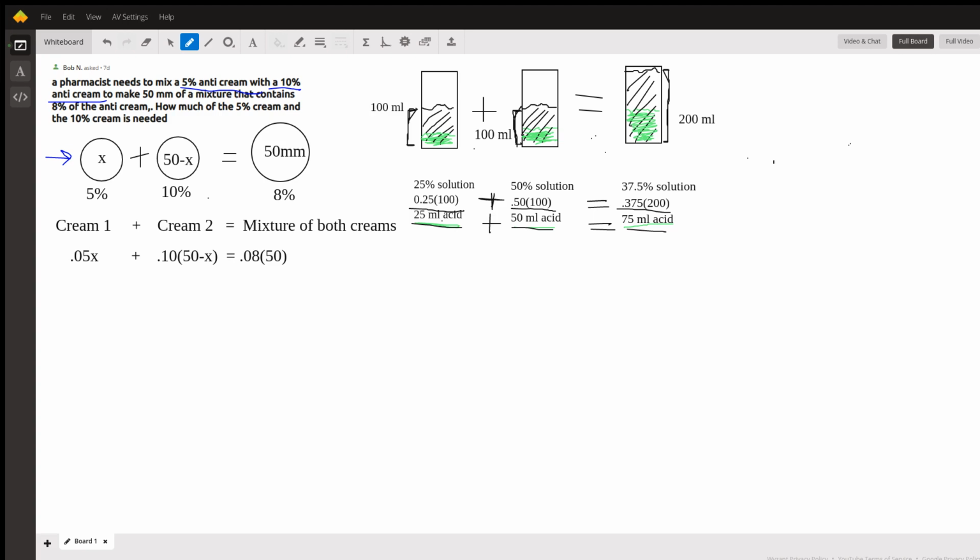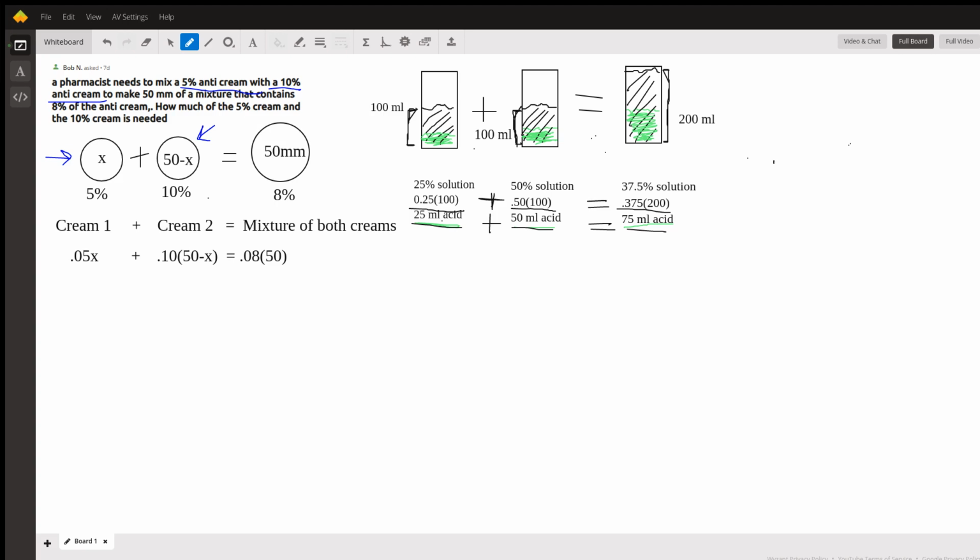But I do know that 5% of it is the anti-cream, maybe the medicinal part of the cream. And then in cream number 2, it's 10%, and it's 50 minus X amount.